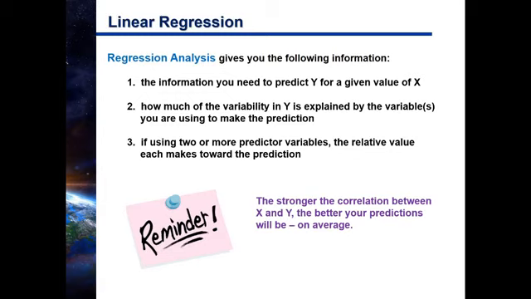So stronger relationships are certainly going to give us better predictions, right? On average. Doesn't mean that every single prediction is going to be great. But on average, our predictions are going to get better and better as R increases.